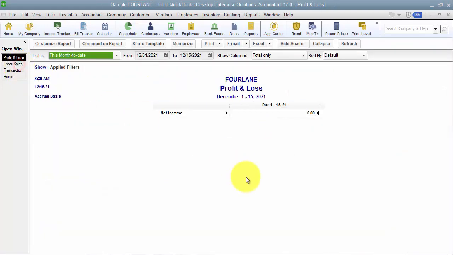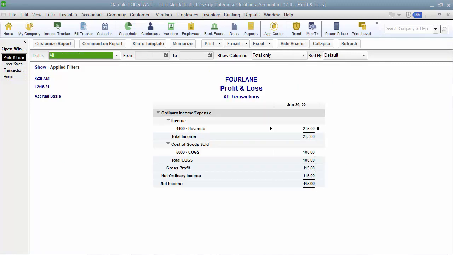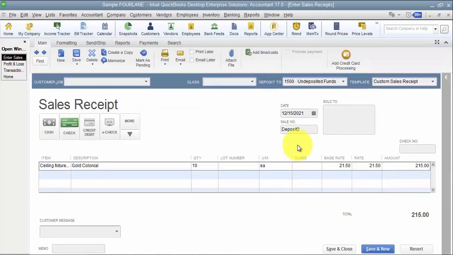And now when I look at my profit and loss and switch it to all time, because I was looking at a different date range, I see for this transaction I have $215 in revenue, $100 in costs, so therefore $115 in net income. So that's the effect of selling an inventory part on a sales receipt.